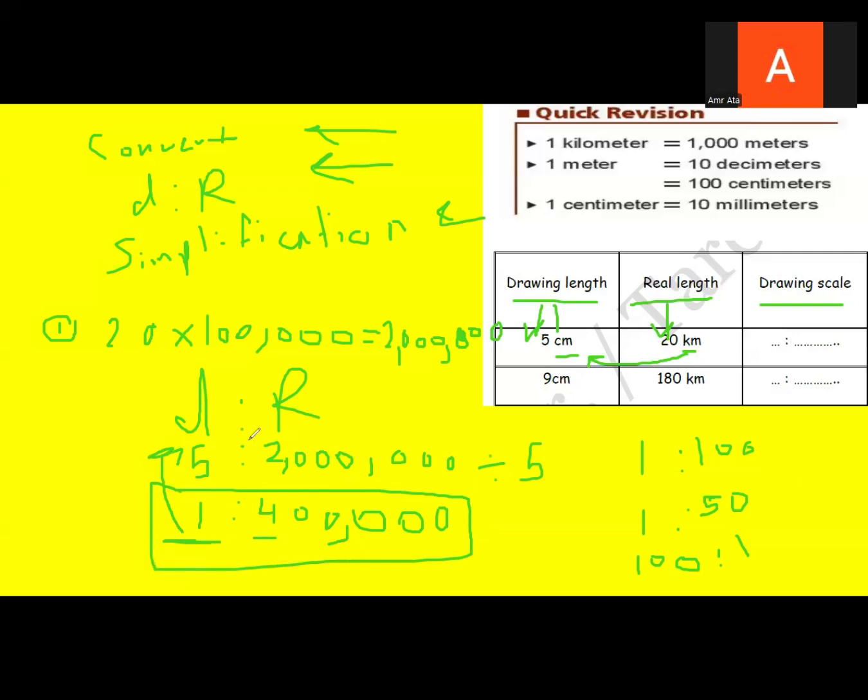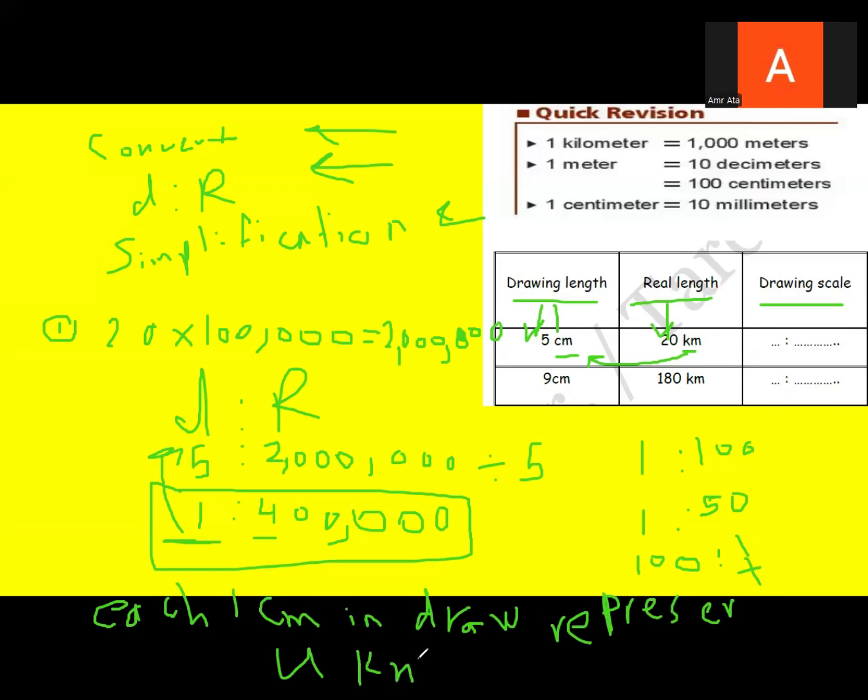So the meaning of the scale drawing 1 to 400,000 is that each 1 centimeter in draw or on map represents 4 kilometers in real or in fact. Okay? Okay. Let's take the next one.